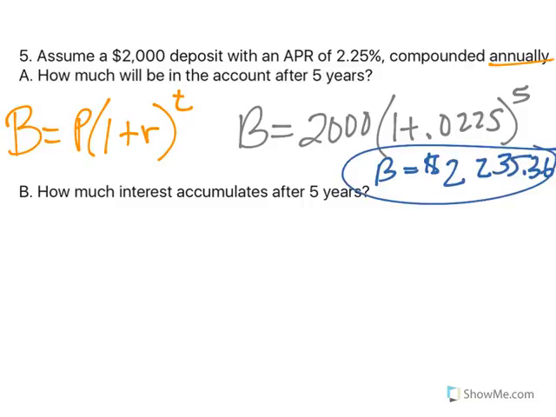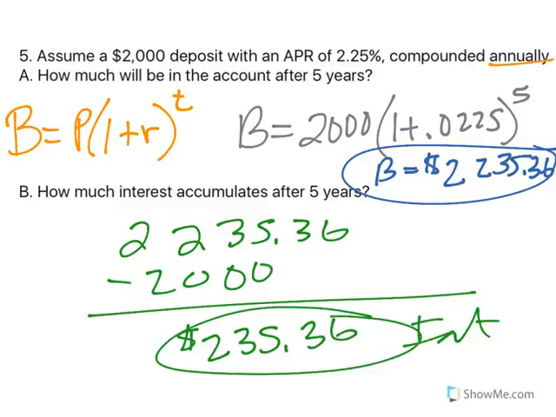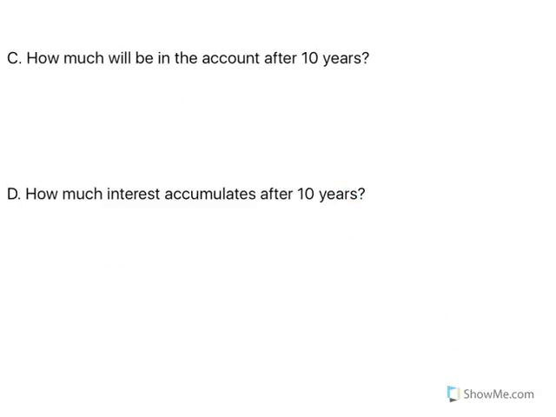Then in part B, how much interest was accumulated? Well, if I ended with $2,235.36 and I started with just $2,000, then the difference would be $235.36, and that's how much my interest would be.